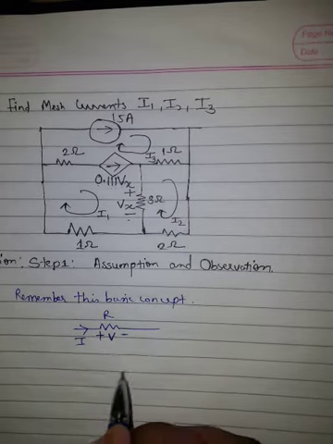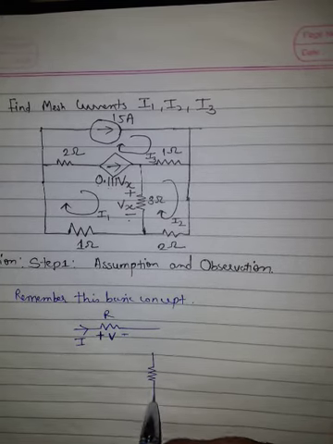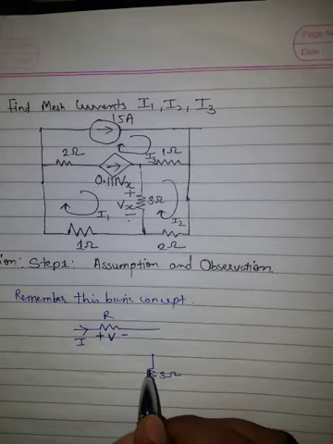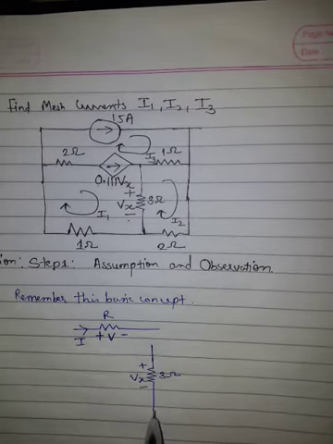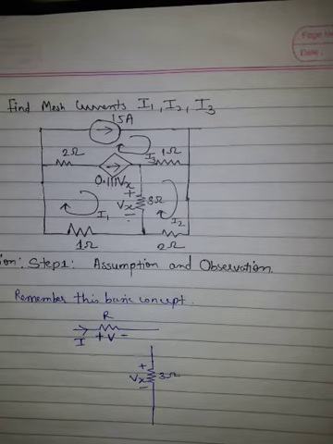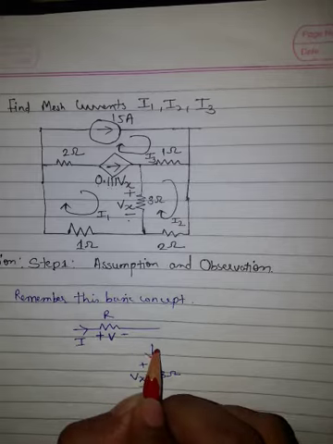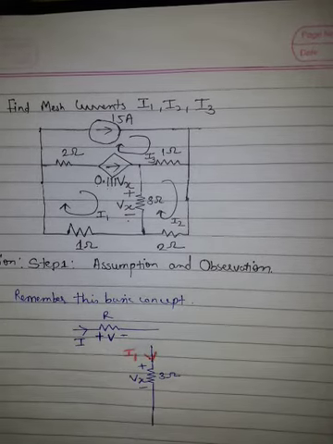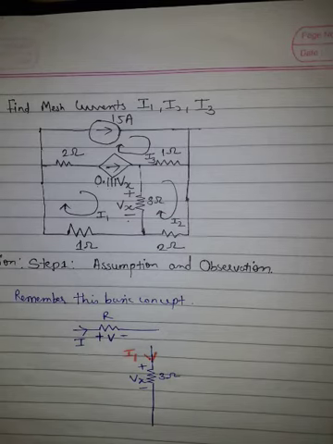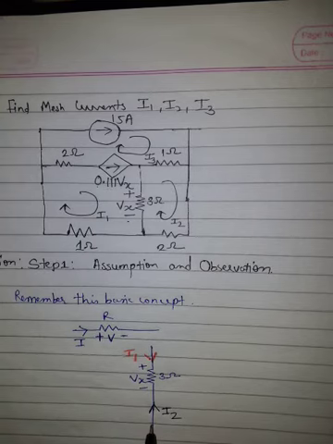Now if we consider this branch, 3 ohm and this Vx, then in this branch there are two currents flowing: I1 flowing from up to down and I2 flowing from down to up.